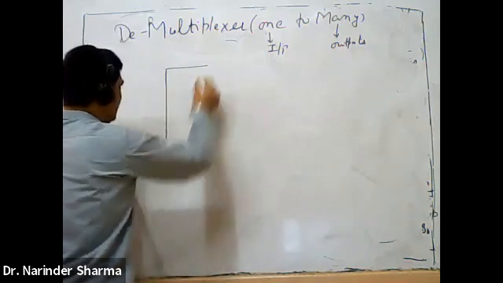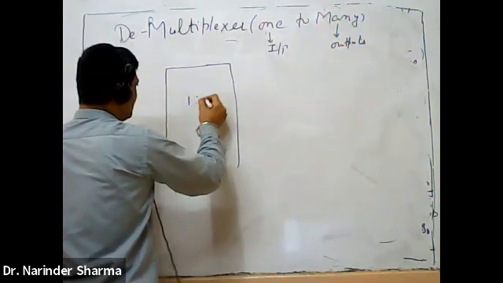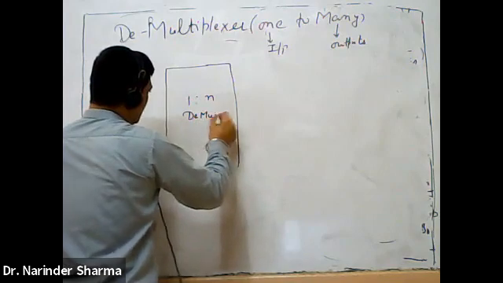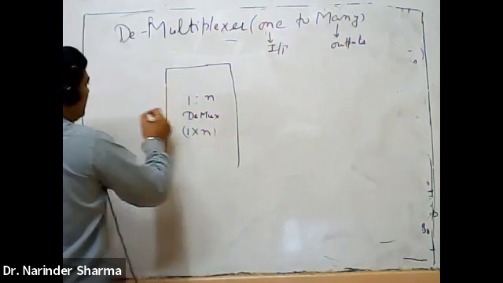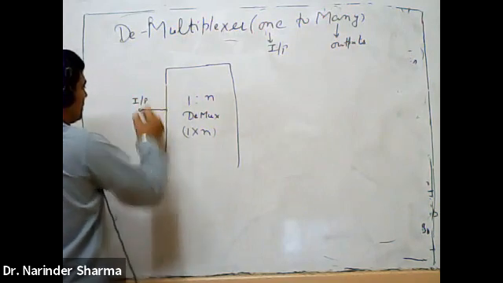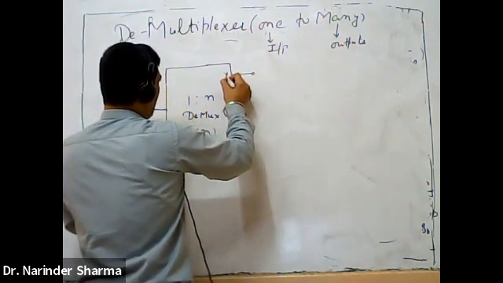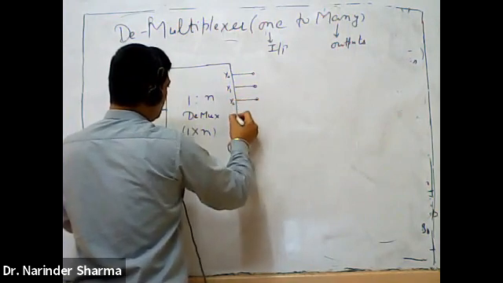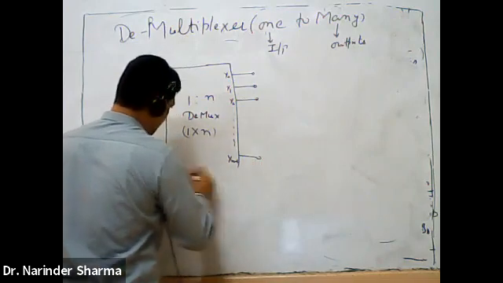This is the block diagram. You can write 1:n demux, or some books also write 1 cross n. One input, outputs Y0, Y1, Y2 up to Yn minus 1.